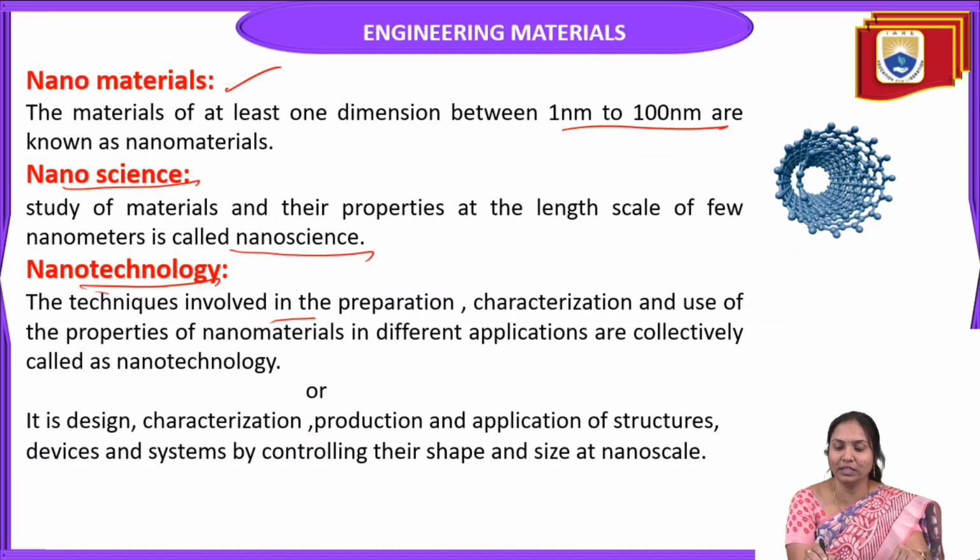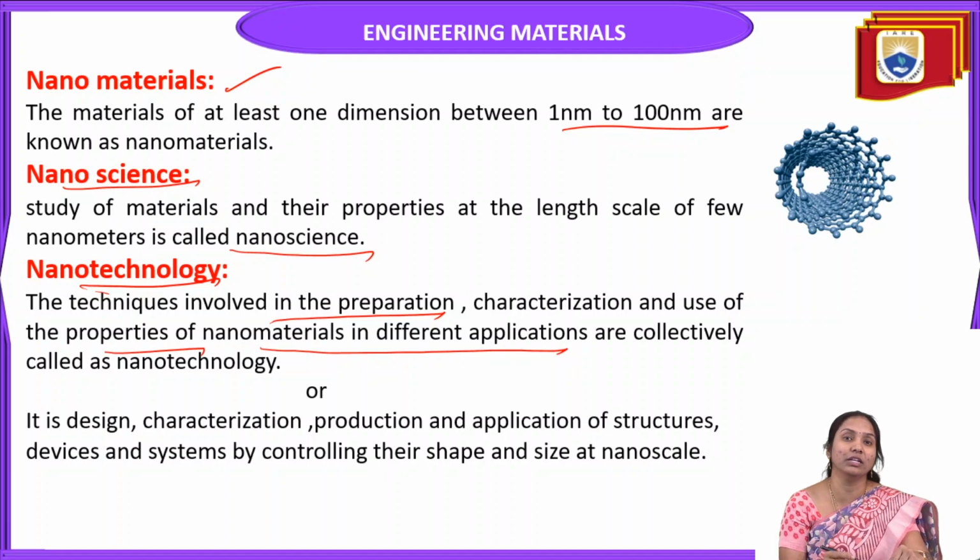The techniques involved in the preparation, characterization and use of the properties of nanomaterials in different applications are collectively called nanotechnology. So how can we synthesize these materials, and where can we use these materials in different applications?